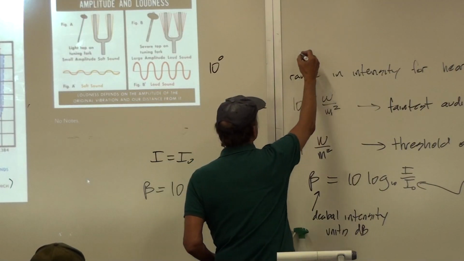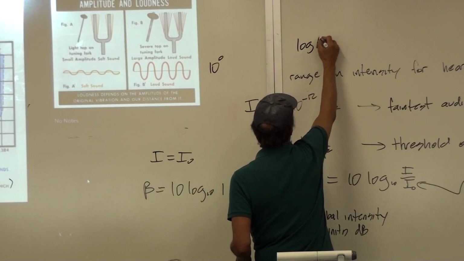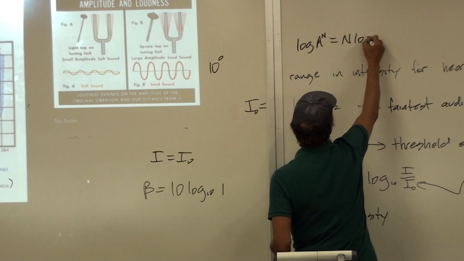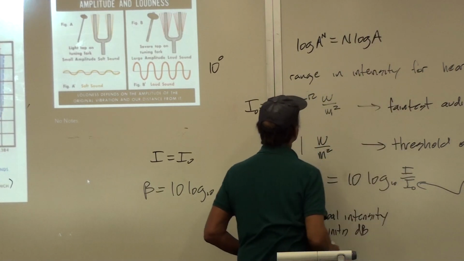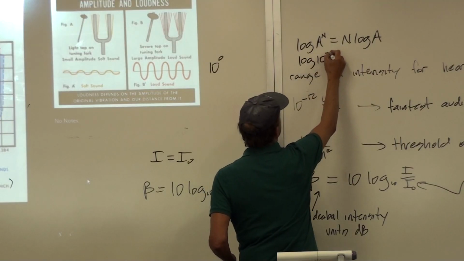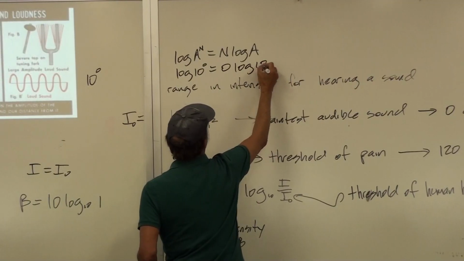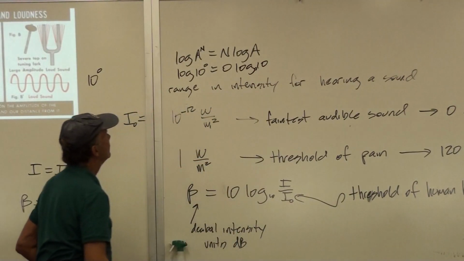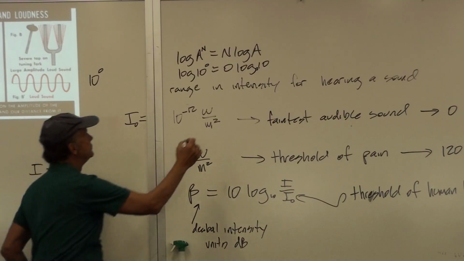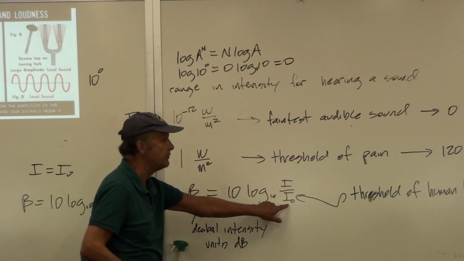And so using the basic properties of logarithms, we can say that the log of a to the n is equal to n log a. Okay, and so if we write this then as the log of 10 to the 0, that's going to be 0 times the base 10 logarithm of 10, which is 1. Okay, and so that's 0. So that's what gives us 0 decibels by taking the log of 1, which is 10 to the 0.